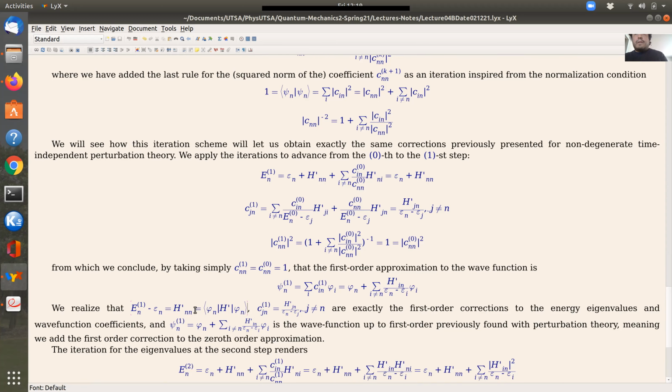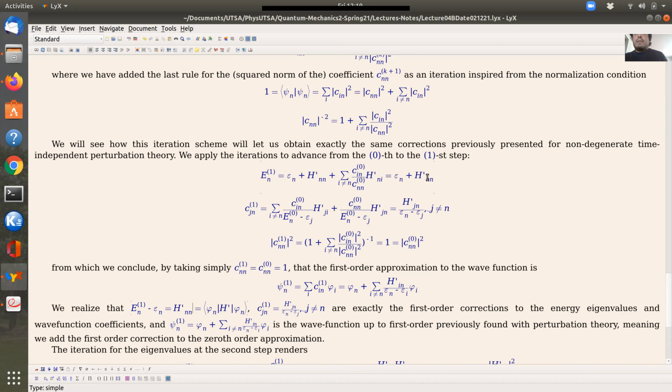So at this point, at first order, this formula in the iterative scheme coincides with first order perturbation theory in the non-degenerate case. Likewise, for the formulas for the coefficients, basically the matrix element divided by this, where we are assuming that we have non-degenerate energies, and so on. This is also the first order correction that we got for the wave function coefficients.